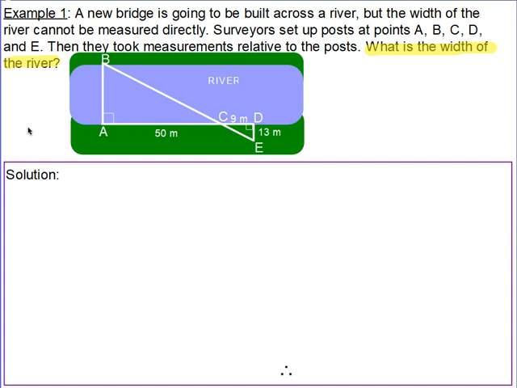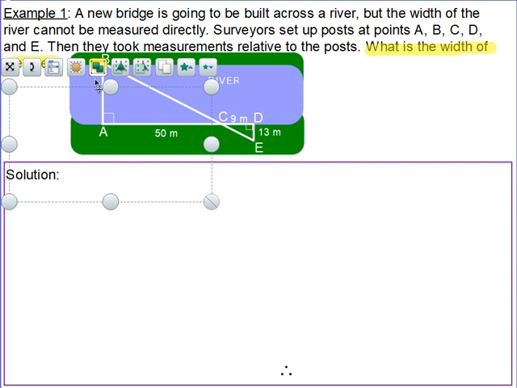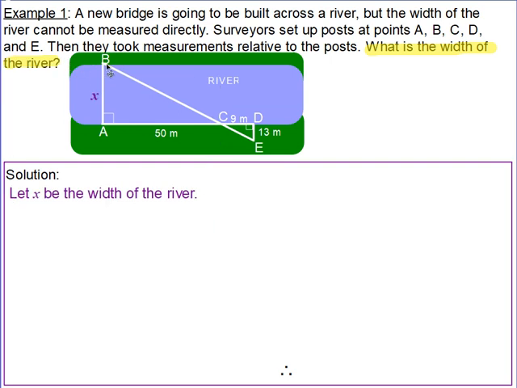So this looks like a really well labeled diagram, except it's missing the little x. Of course the x is going to go on side length AB, because this side length AB represents the width of the river. So we'll let x be the width of the river.